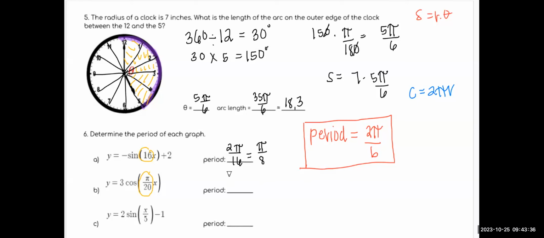So we have 2 pi, and we're dividing by pi over 20. So we multiply by the reciprocal. Those pi's are just going to cancel out, and we get 40 for the period.